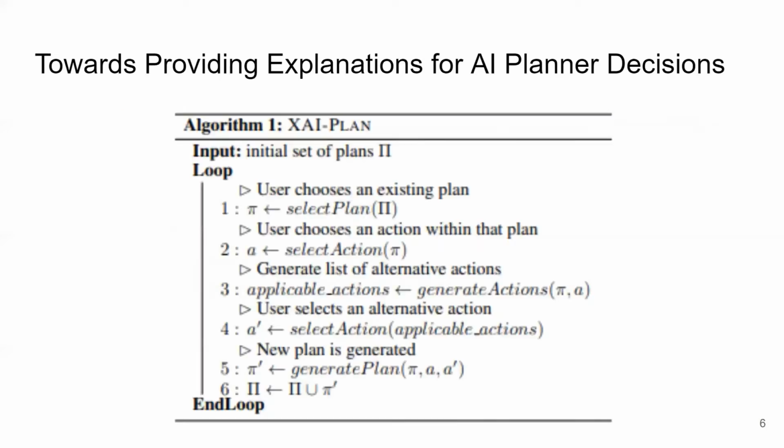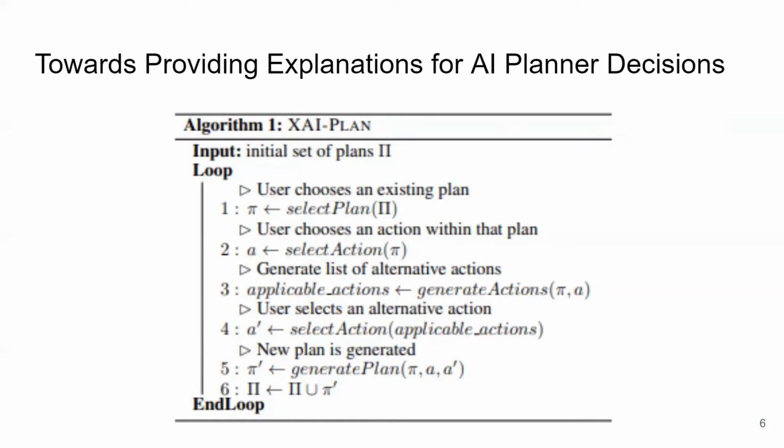This is the algorithm for the methodology. As you can see, the input is an initial set of plans, in this case from the AI planner. Then we enter a loop to inspect the plan until the user is satisfied. First, the user will select a plan of interest, then it will choose an action to investigate, most likely an action that is questionable.